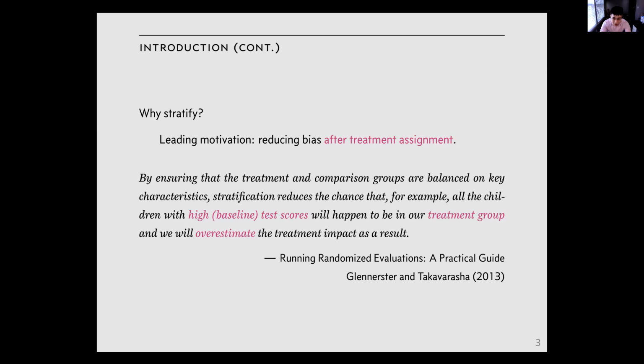If that happens, then when you take the difference between the average outcome in the treated group and the average outcome in the control group, and use that as an estimate for the ATE, or average treatment effect, you might see a large difference, but you can't tell whether it is because of the baseline test score or because of the educational program itself.